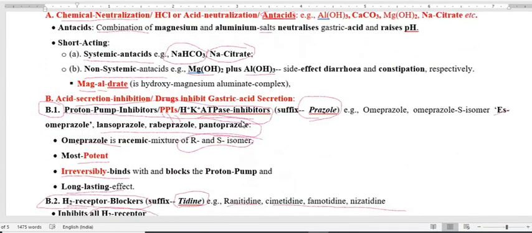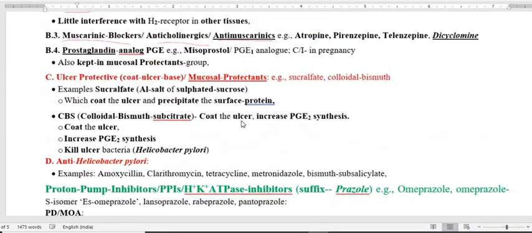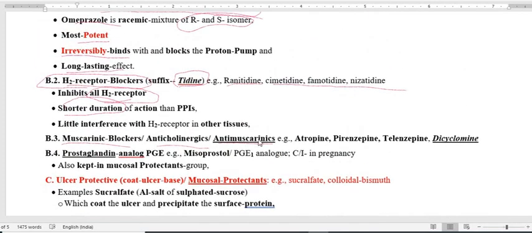The drugs used as antimuscarinic, anticholinergic are not very much in use, and the drugs are atropine, pirenzepine, telenzepine, and dicyclomine. These all are muscarinic blockers. The receptor is also called cholinergic receptor, so this is known as anticholinergic or antimuscarinic.